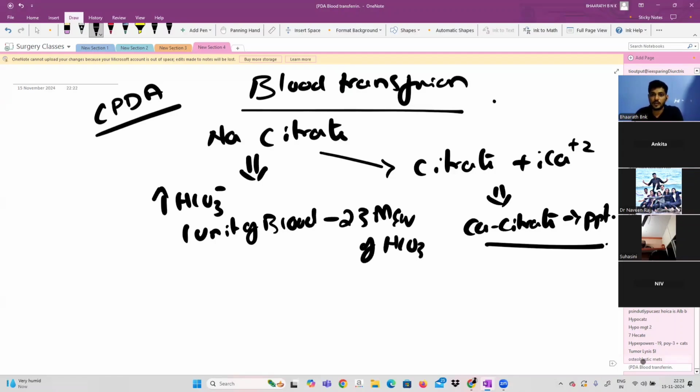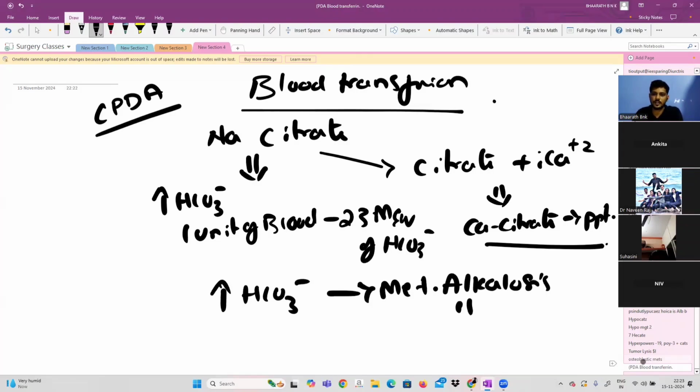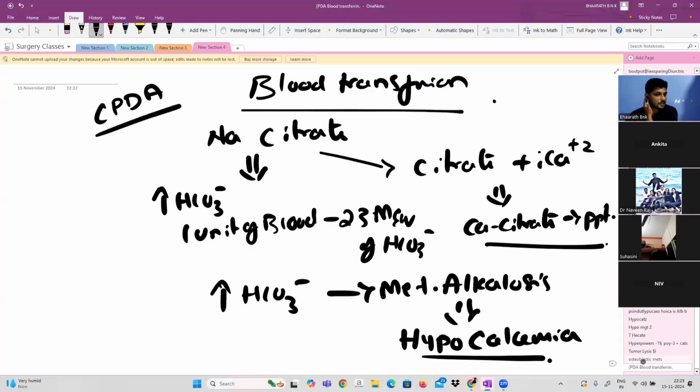So, whenever there is increased bicarbonate, that leads to metabolic alkalosis, and this metabolic alkalosis leads to hypocalcemia, right? So whenever there is increased bicarbonate, that leads to metabolic alkalosis, leads to hypocalcemia. Now you transfuse lots of blood to lots of patients. You might not have seen hypocalcemia in these patients.